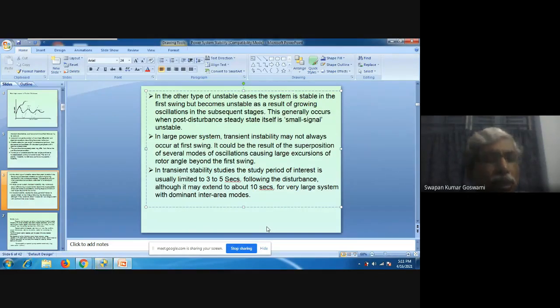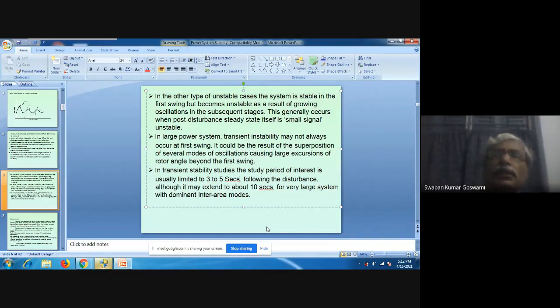If you consider the actual power system, then you have to consider all these complications. So in real stability analysis, you have to include all these things. But to start with, we shall be assuming that our power system is simple. It may be represented by a single generator connected to an infinite bus, and the system outside the generator we are considering can be represented by a single bus, which is the infinite bus.